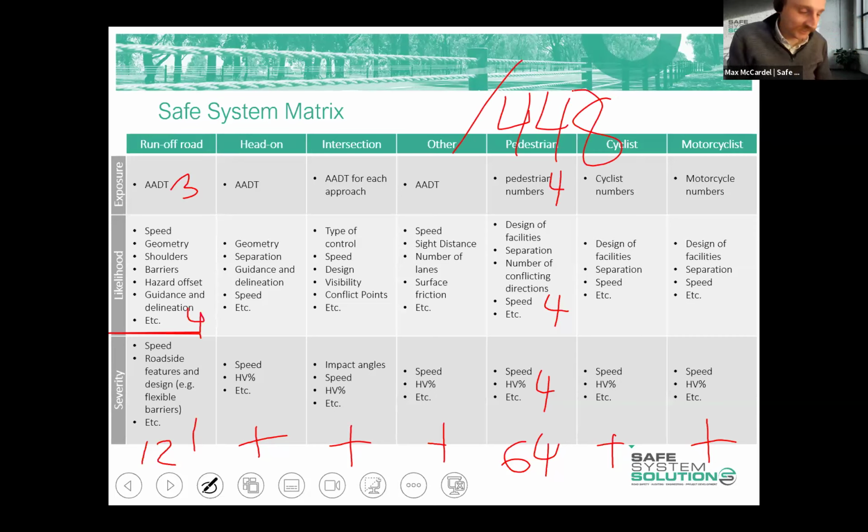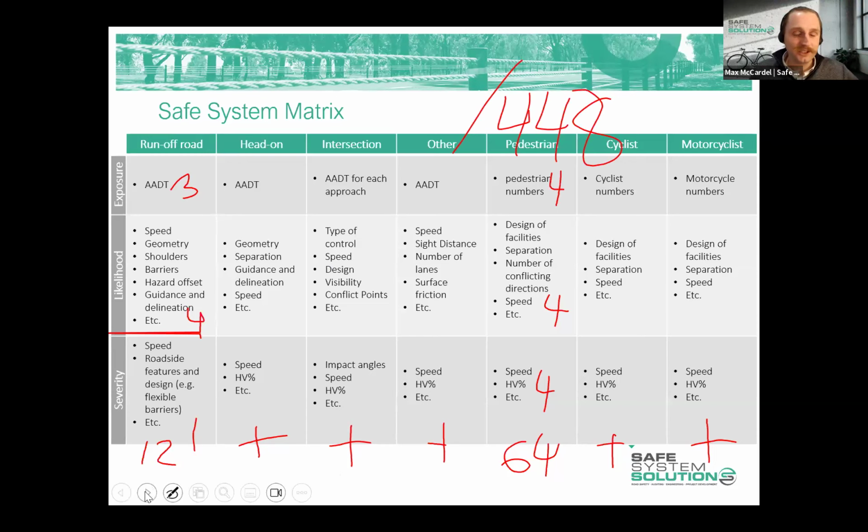Someone feel free to get the calculator out and double check my knowledge. But that's the highest that you could potentially get for a project. And if you were getting 448 out of 448, got the thumbs up there, thank you very much, that is indicative that the site that you're assessing is very poorly aligned with safe system principles, and there is quite a road safety risk there.